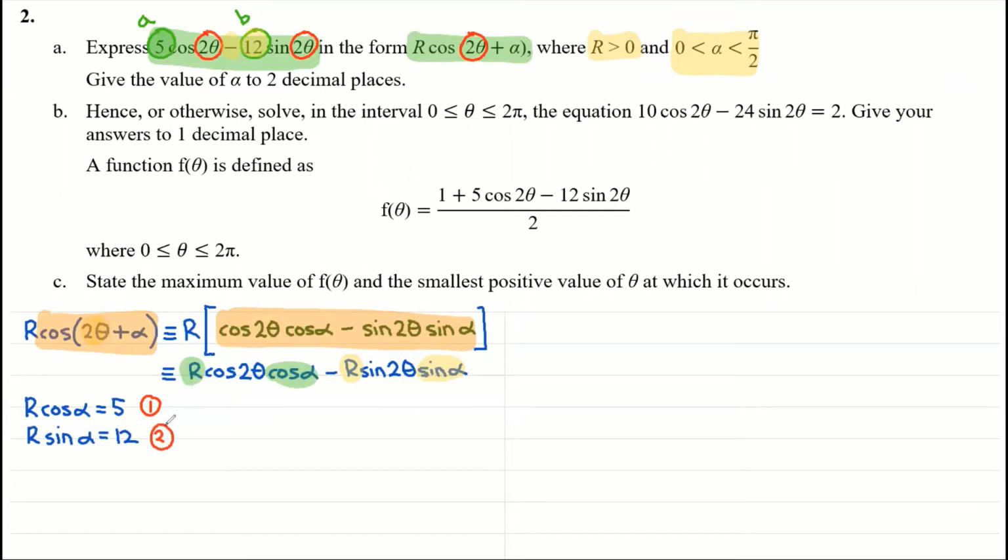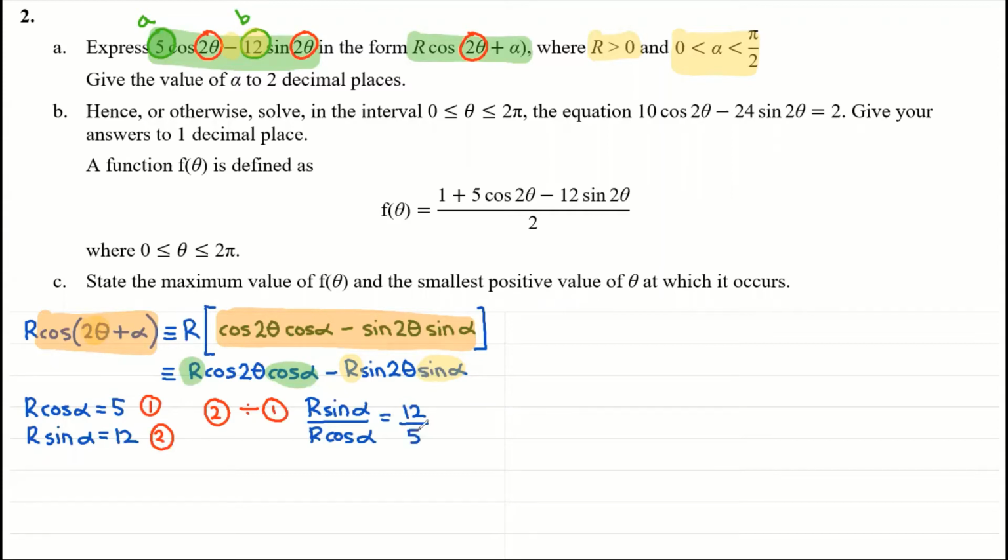Now, we've done this a few times. We can now apply our identity. And if we do equation 2 divided by equation 1, then it should be plain sailing, at least for the time being. So we're going to have r sine alpha divided by r cosine alpha is equal to, and divide the right-hand sides of these equations, that's going to be 12 over 5.